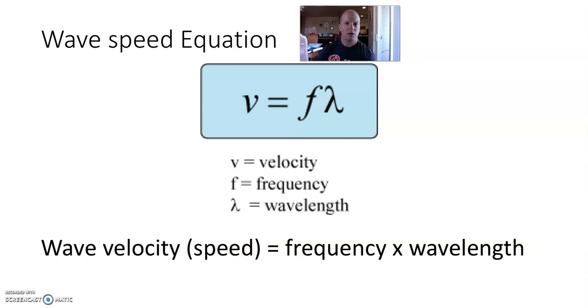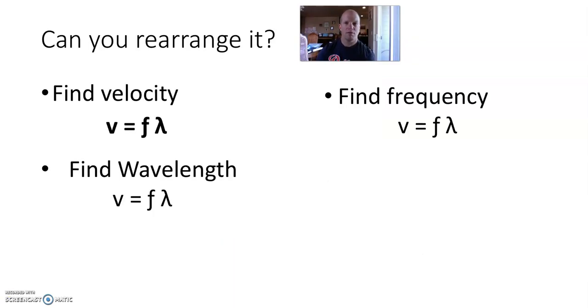All right, awesome. So how do we kind of apply this? Well, the big thing with formulas is this, you guys, can you rearrange it? Can you make it so that you can find whatever you need? So it's easy to find velocity, right? Velocity equals frequency times wavelength. So that's easy. What about if we want to find frequency? Well, here's our original equation.